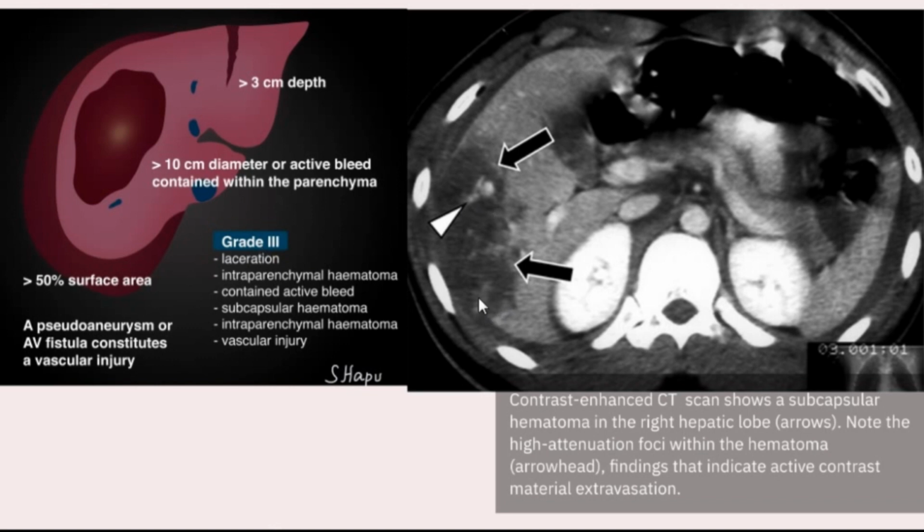So here we can see the areas of hypodensity, and this involved more than 50% of the surface of the liver, if you can appreciate that this is the rim of the liver. And there's also an area of hyperdensity. This could indicate that there is active bleeding, attenuation foci within the hematoma.